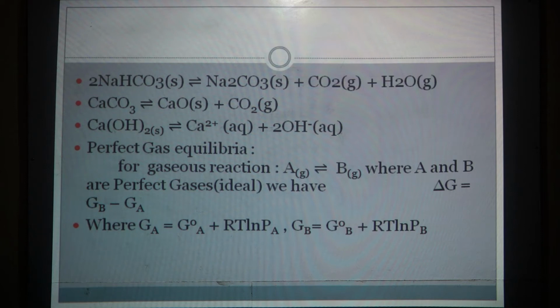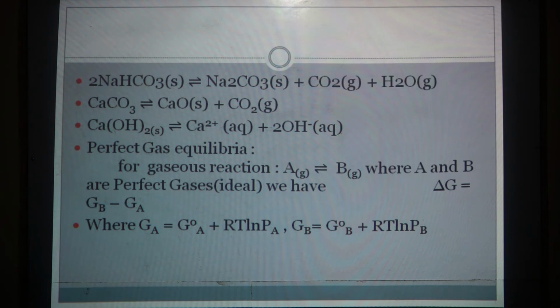Next, perfect gas equilibrium. For gaseous reactions, A (gas) giving the product B, also gas, where A and B are perfect or ideal gases, we have delta G is equal to GB minus GA.